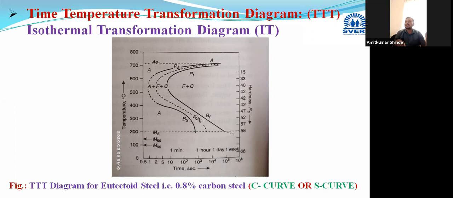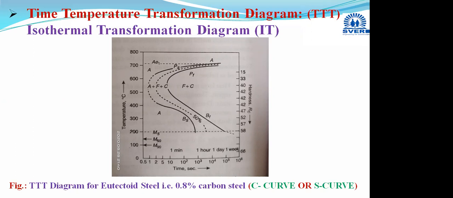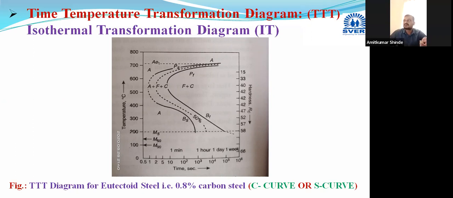I have provided sufficient holding time or soaking time to get homogeneous austenite, and then I am transferring all the steel samples into another furnace where the temperature range is below A1 and above Ms temperature, meaning in between 700 to 200 degrees Celsius, and from that temperature zone one constant temperature is selected.